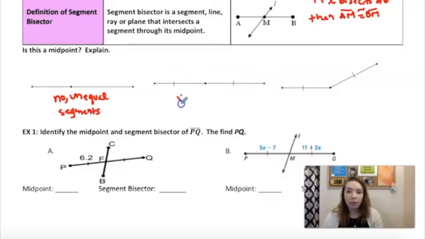So yes, that would be a midpoint. And in this one, they're telling us they're equal, but it's not one line segment. It's not one straight across. They're not collinear. So no, because they're not collinear.